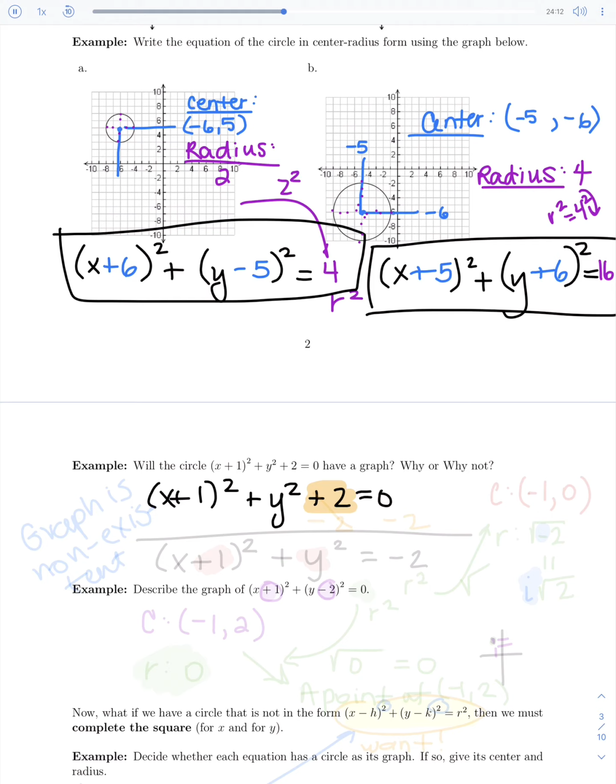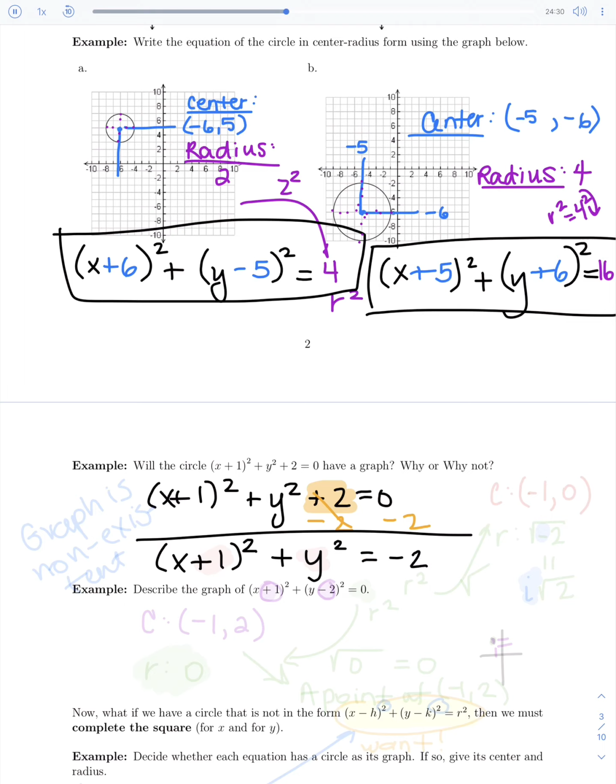So we need to move it to the other side. To make it a part of the radius, we'll subtract 2 from both sides, which now gives us x + 1 squared plus y squared equals -2.